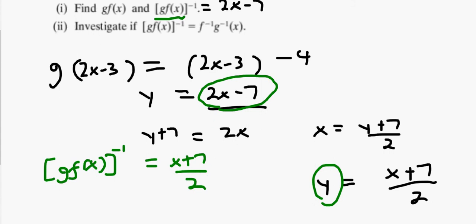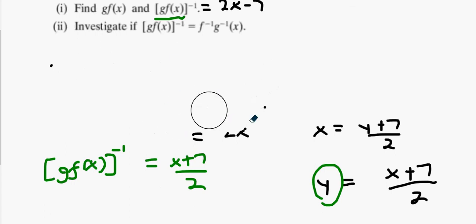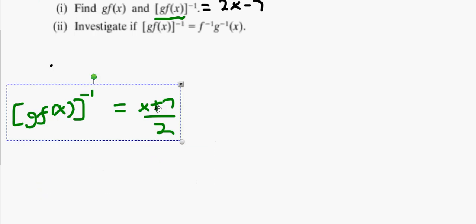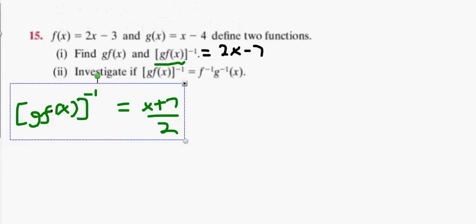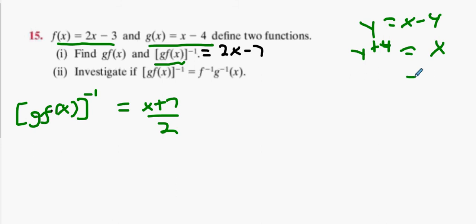Alright. The next thing we're checking is, can we distribute the inverse first and do the function second? Okay, so that's what we're going to do now. In order to do this question, I'm going to need to get the inverse of f and the inverse of g really quickly, okay? So y equals x minus 4, x equals y plus 4, y equals x plus 4.